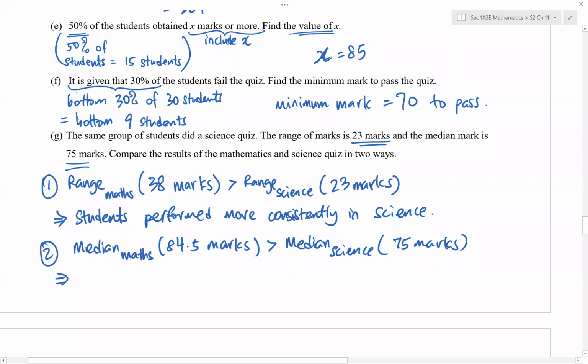So our conclusion now, students scored higher for mathematics than science. Okay, we are talking about generally as a class, they scored better for mathematics than science.